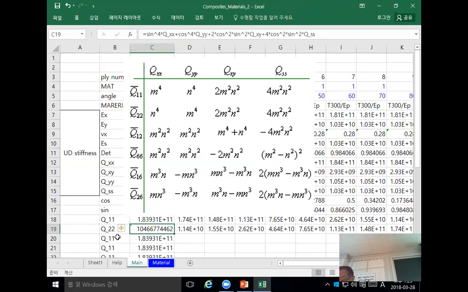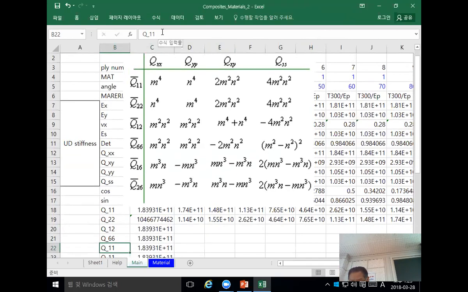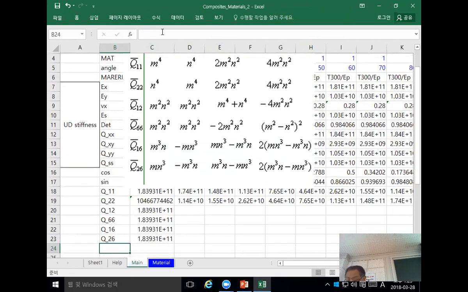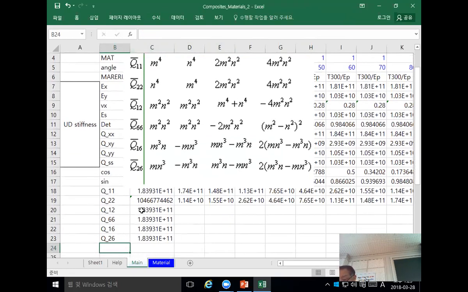Now we complete these terms Q12, Q16, and Q26. So Q12 is what?